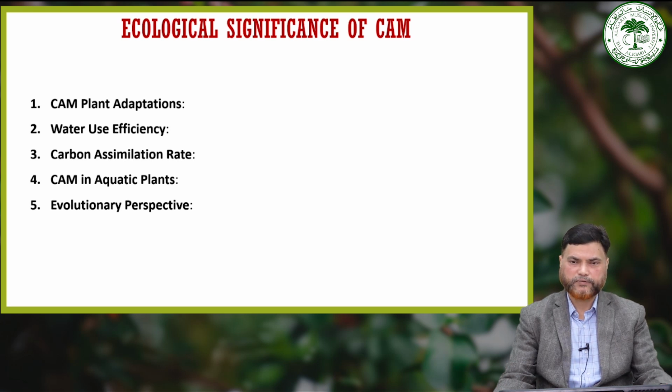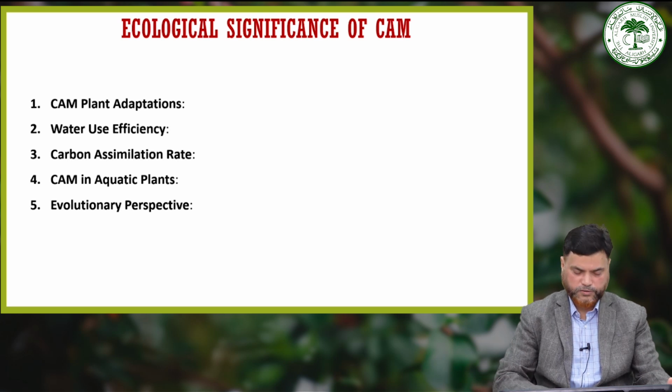Some scientists even believe that CAM might have evolved to help plants in water environments acquire inorganic carbon in the form of bicarbonate ions when there is not much carbon dioxide available. This happens when there is a lot of resistance to the movement of gases, making it very hard for carbon dioxide to move freely in the water.